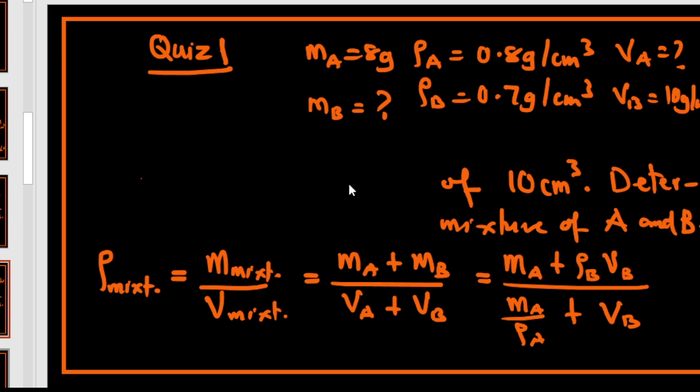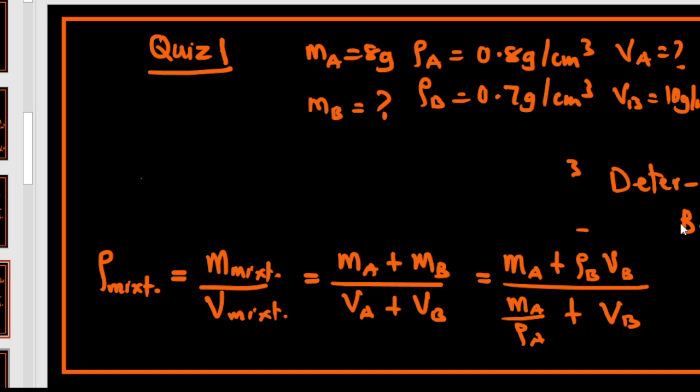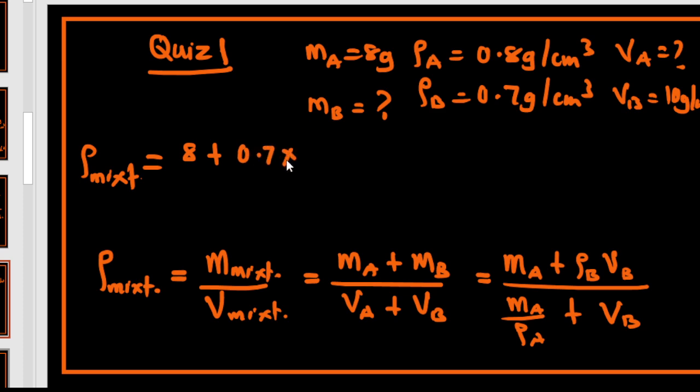So we can just go ahead and get the density of our mixture. Following what I've written here, you can say mass of A is 8 gram plus density of B, 0.7, times 10, divided by volume of A, which is mass of A, 8, divided by the density of A, 0.8, then plus volume of B, given as 10.